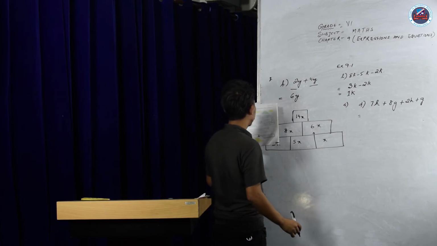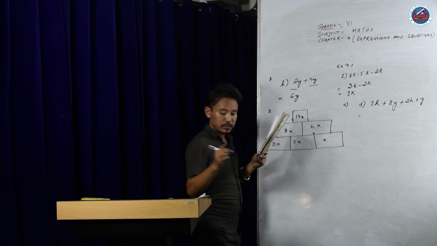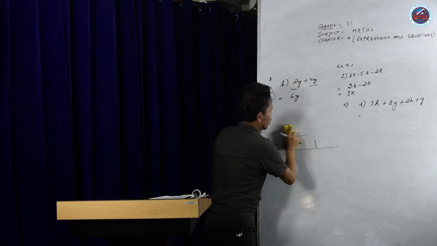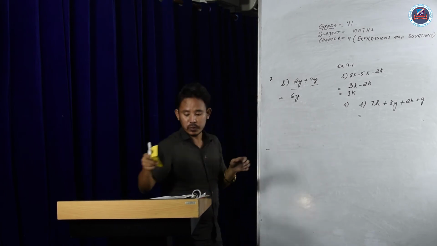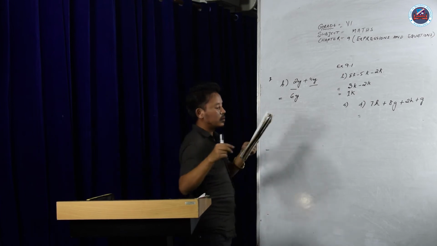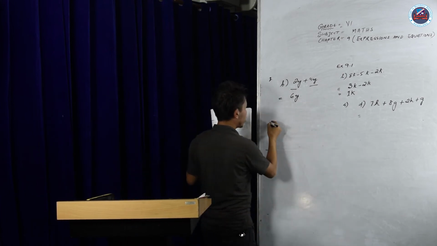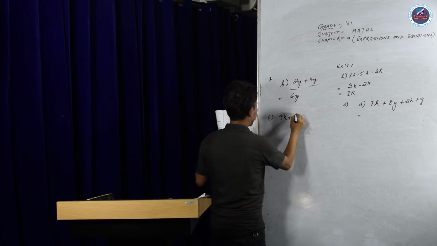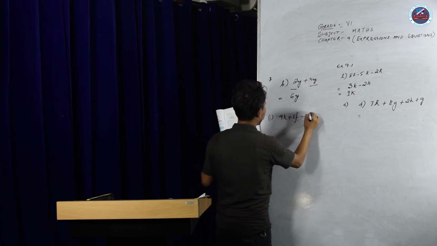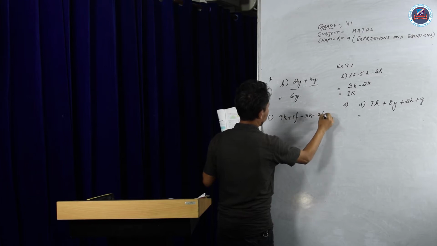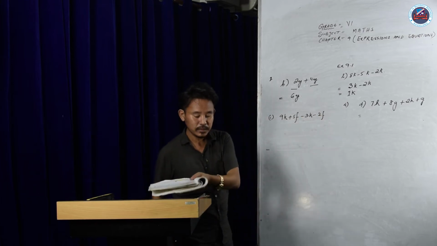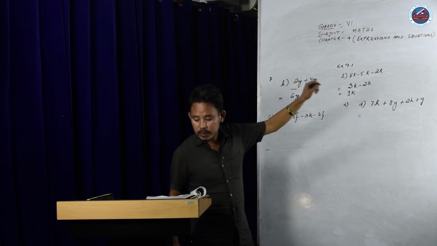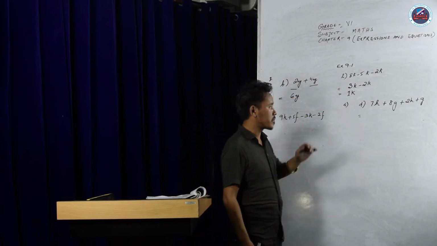And let me do I, that is 9k plus 5f minus 3k minus 2f. Okay, let's begin. In question 4, simplify these expressions by collecting the like terms.